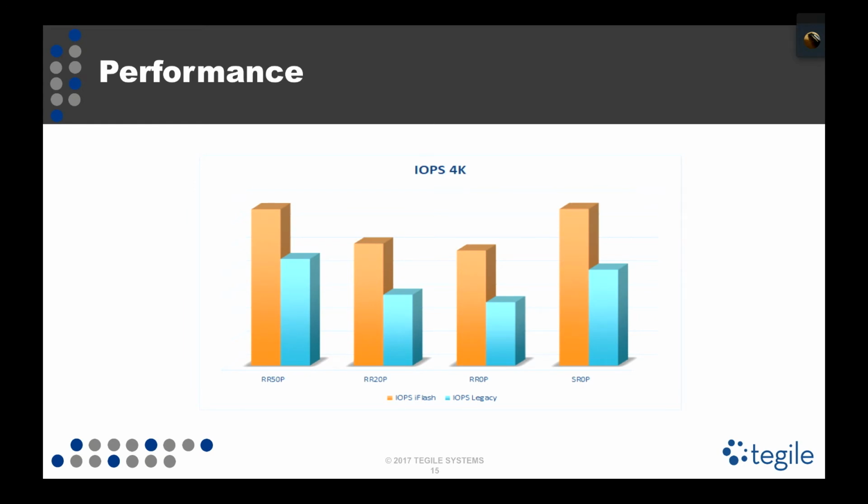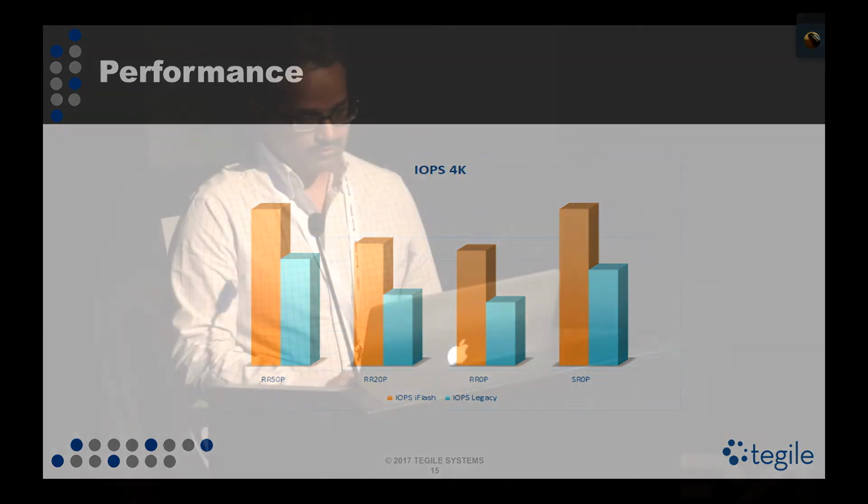Coming back to performance, this comparison is against the case where you have partitions on the devices. The way you have partitions, basically you partition the front part to log, the remaining to meta, and some part to cache, compared to iFlash. The orange bar is the one with iFlash because it is sharing.